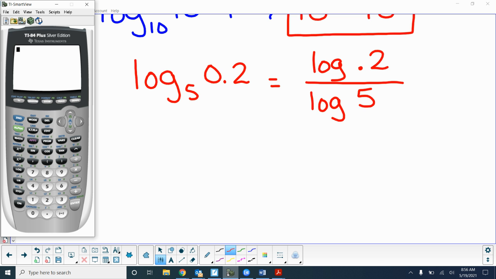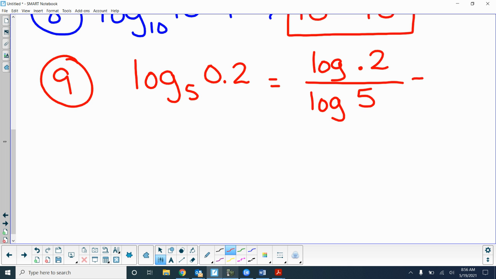Let's just use our calculator. So we go log 0.2. Now remember, when you get log, it starts with that parenthesis, so close it up. If you don't close it up, it'll give you the wrong answer. And then log of 5, close it up. So that would be -1. So that would be one of your choices because it's multiple choice.